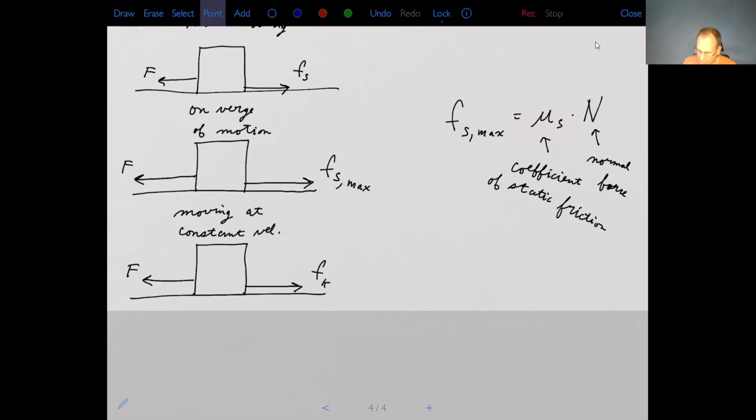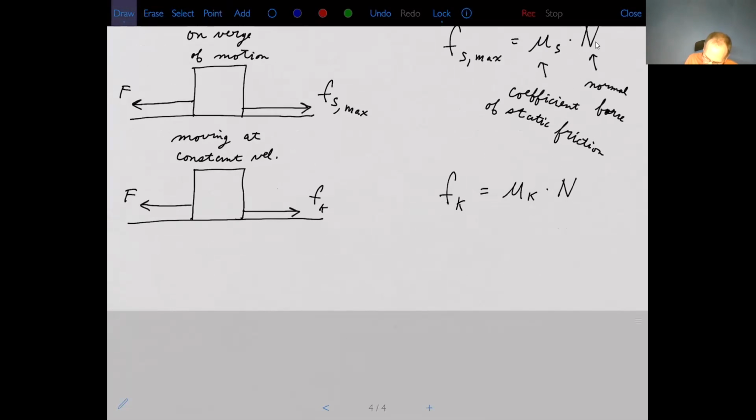So there was some coefficient that defined the maximal static frictional force. And then for the kinetic frictional force, there's a similar relation, except it has its own coefficient called mu k times the normal force. And this mu k is called the coefficient of kinetic friction.